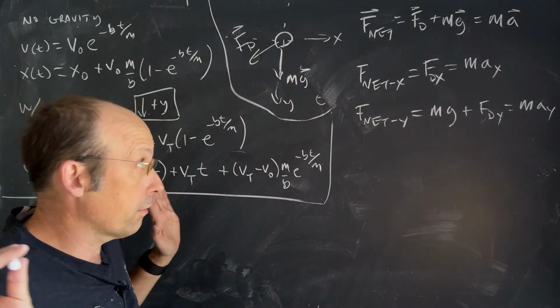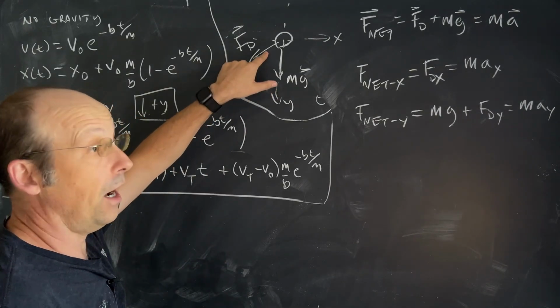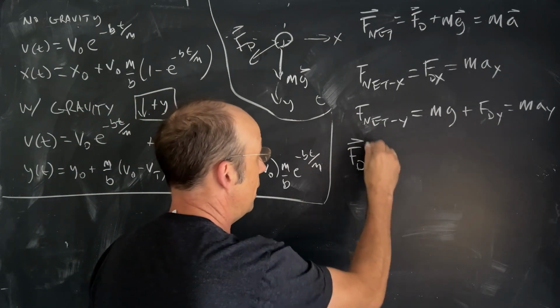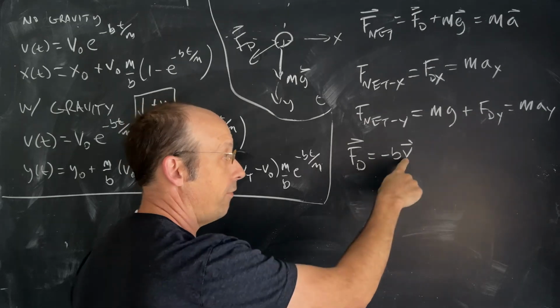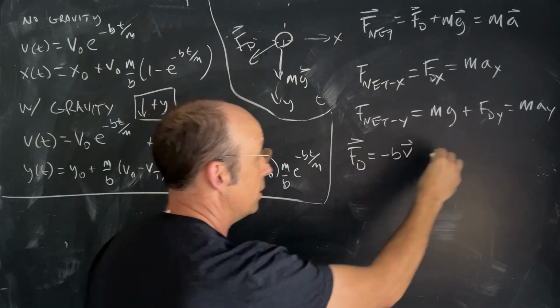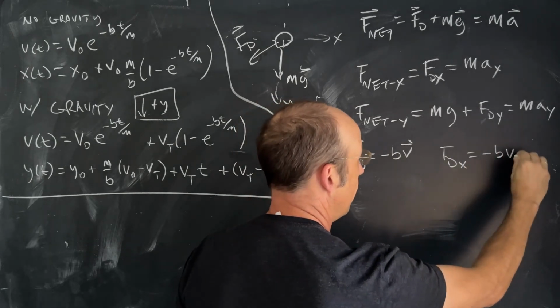Newton's second law. Now, notice that since the drag force Fd is negative b v, if v has x and y components, Fd has x and y components, such that Fd x is going to be negative b vx.